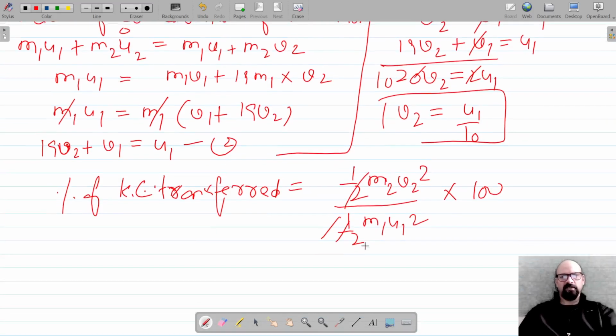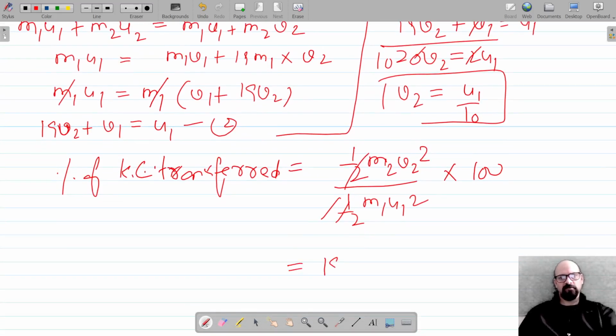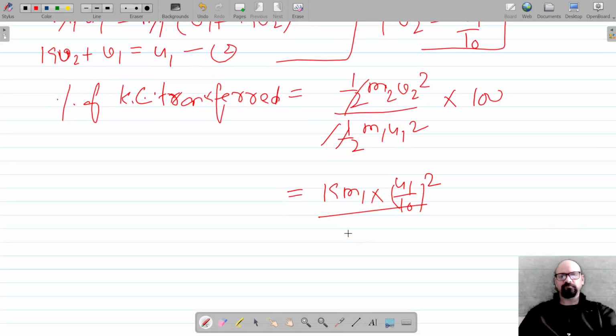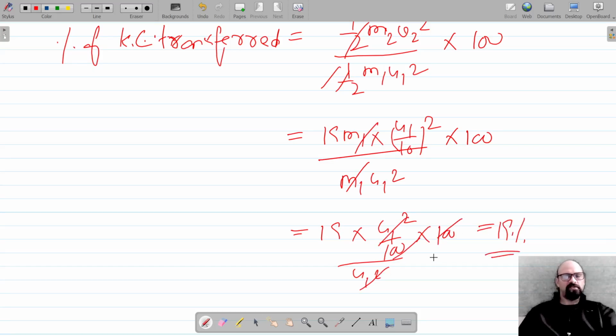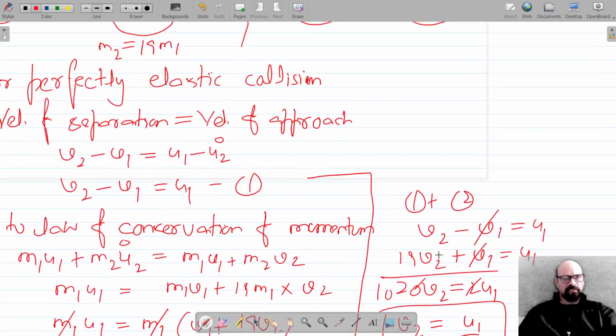So half and half get cancelled. m2 is 19 times m1, v2 is u1 by 10 the whole square, upon m1 u1 square, into 100. m1 gets cancelled, and this is 19 u1 square upon 100, upon u1 square, into 100. So that means 19% of the energy is transferred to the second body.